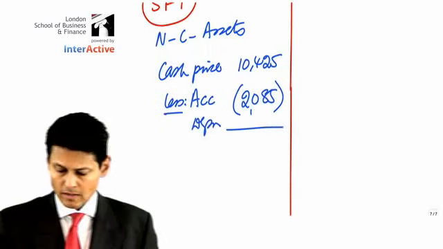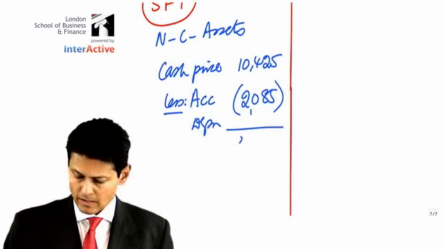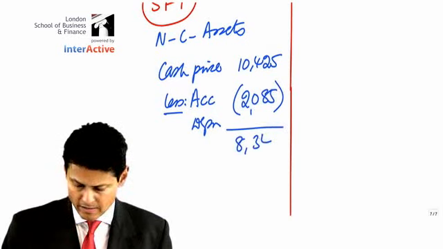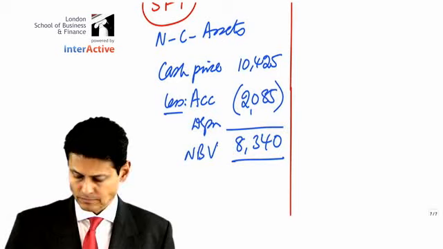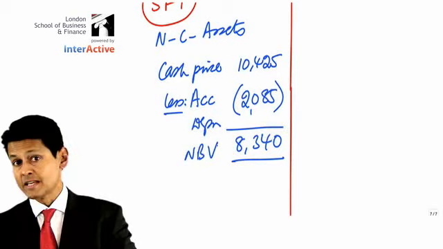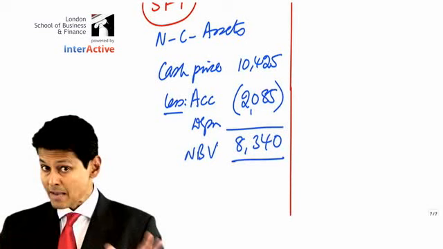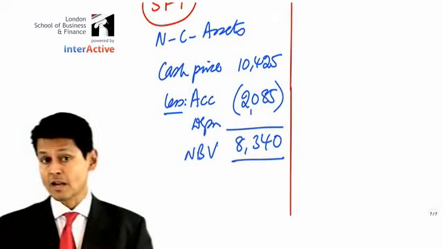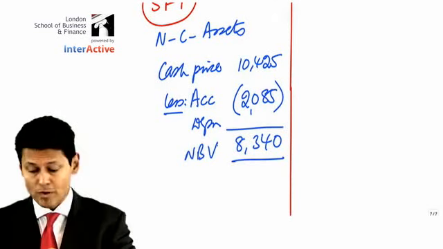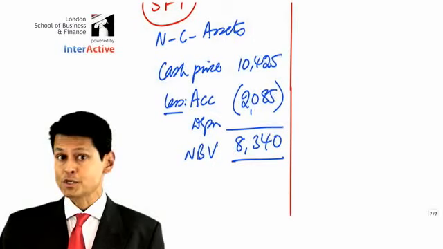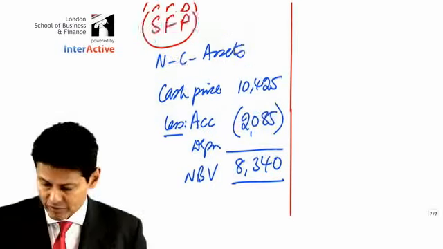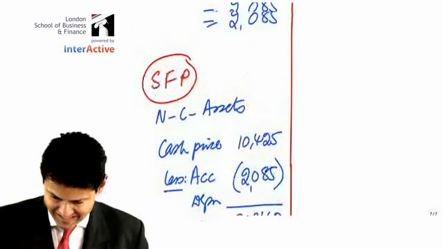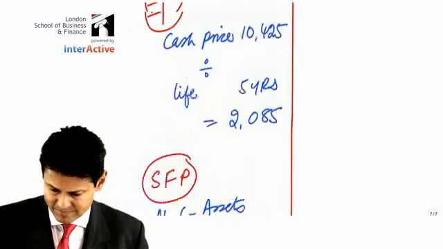So 8340 is the net book value. I'm sure you find that very easy indeed. That table on the previous page at first glance looks difficult, but if you practice that, if you think about the issues, it's actually quite straightforward. So we've done the easy bits. Are you ready for the less easy bits on the right-hand side?